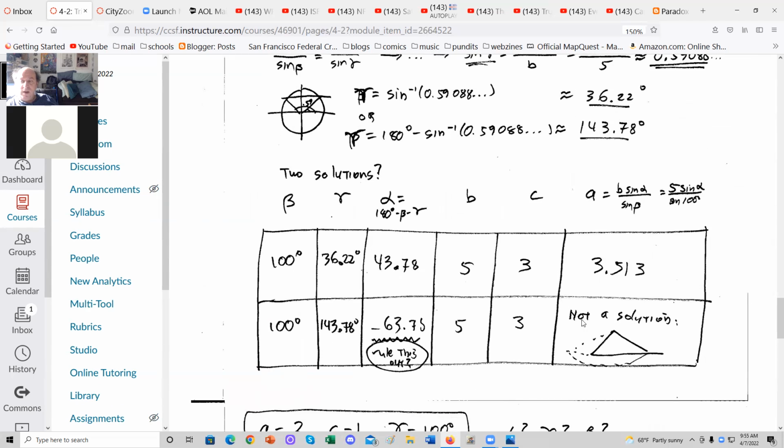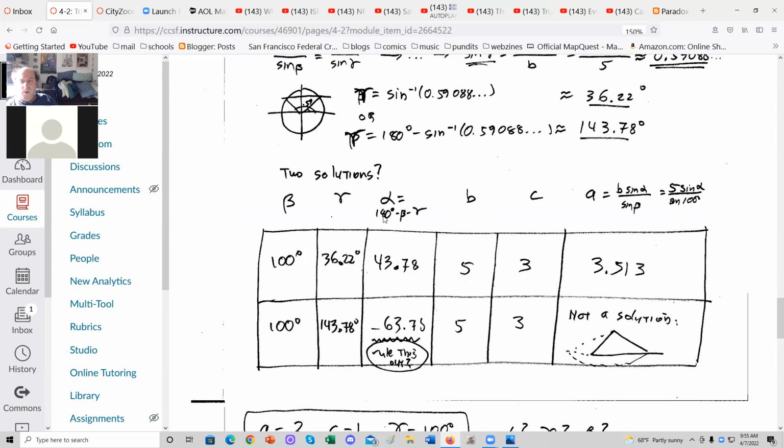So I'm going to draw a table with 2 possible sets of values. Beta is 100 degrees, B is 5, C is 3. So 36.22 for gamma, this solution, and 143.78 degrees for gamma, this solution.